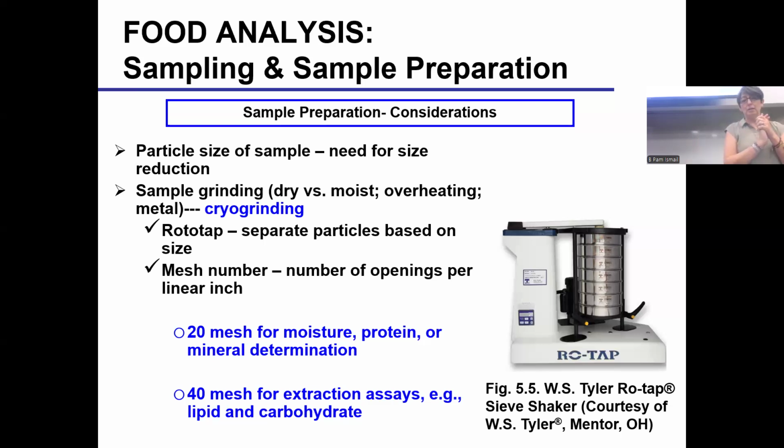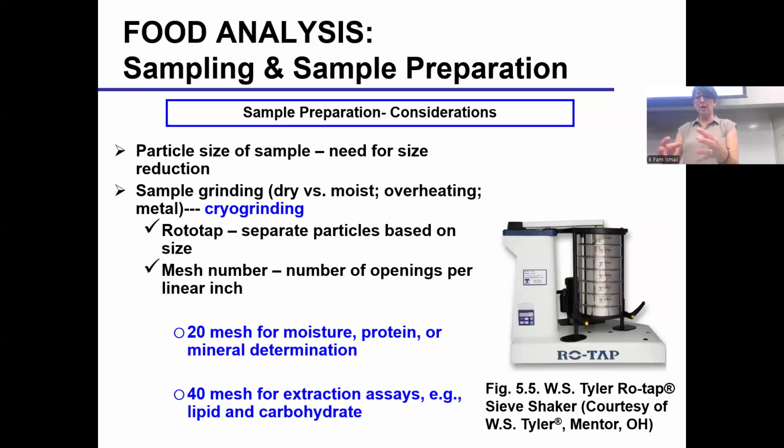But also, sometimes if your sample is high in moisture or high in sticky material, the best way to grind it is when it's frozen. Or if you know the moisture content, you can dry it, like by freeze drying, for example.